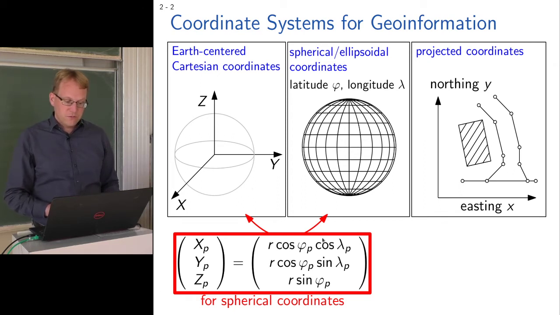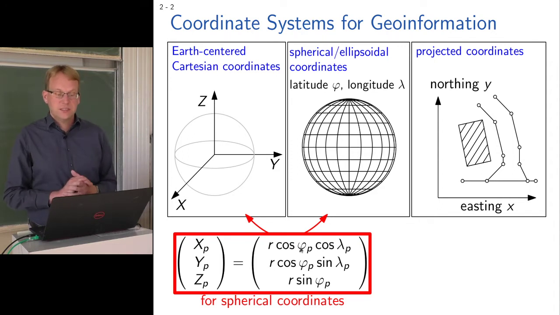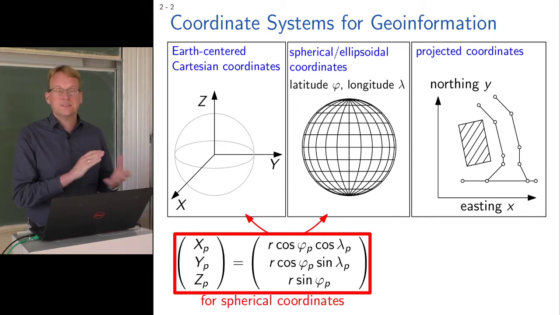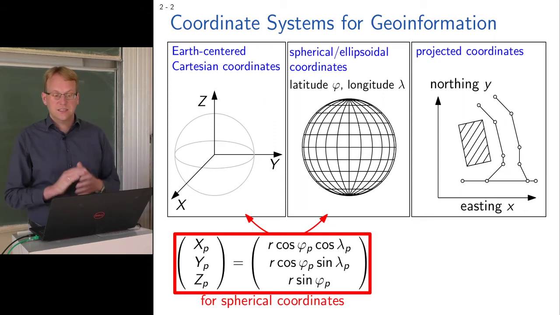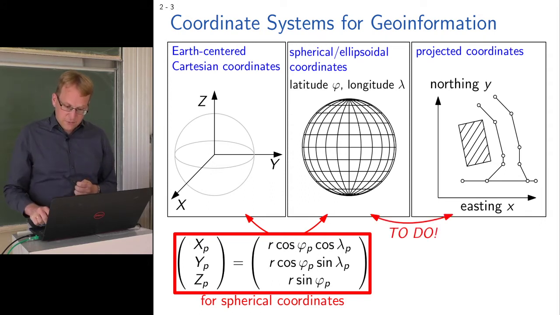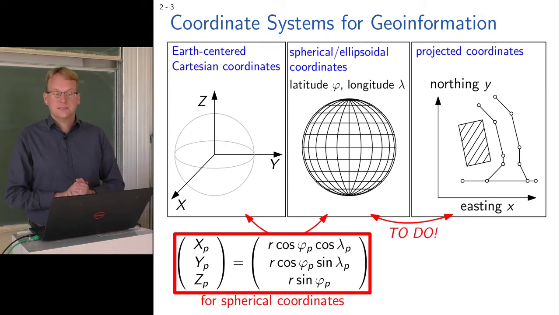To convert these coordinates from one coordinate system to another, there's this very simple mathematical equation defining the relationship between the Earth-centered Cartesian coordinates and the spherical coordinates phi lambda. But for the projected coordinates, that is actually not that easy to define.